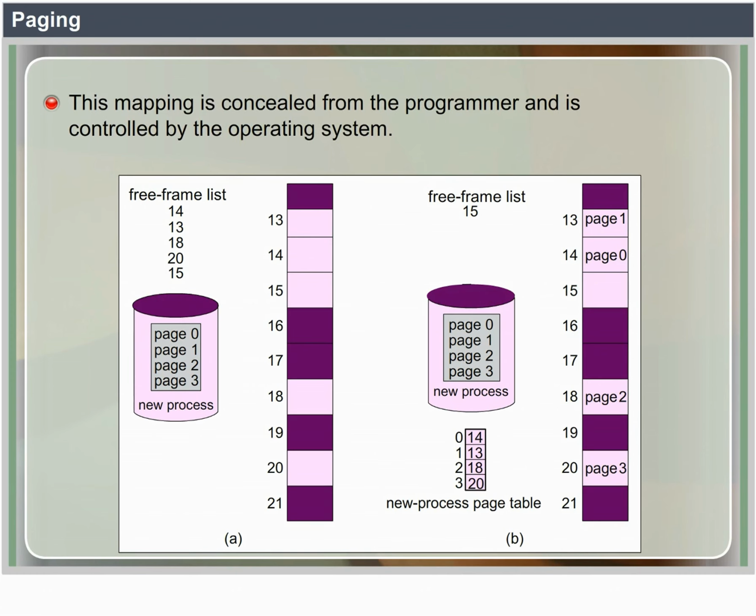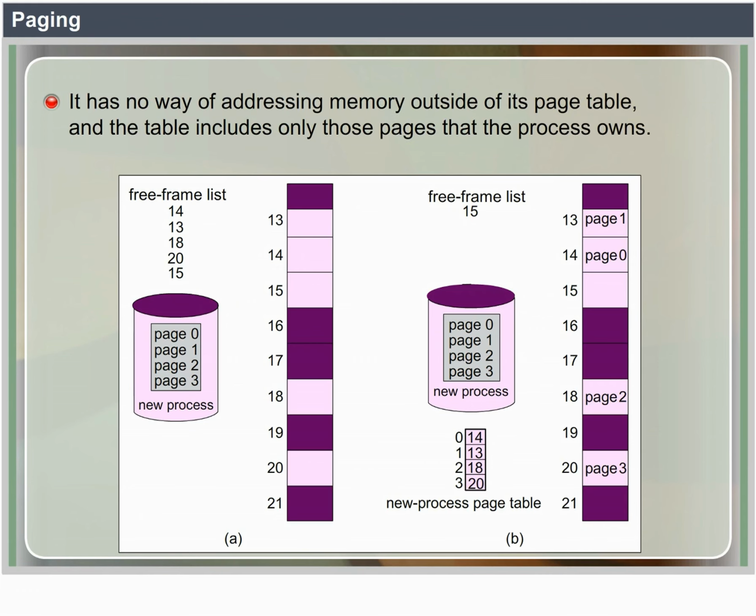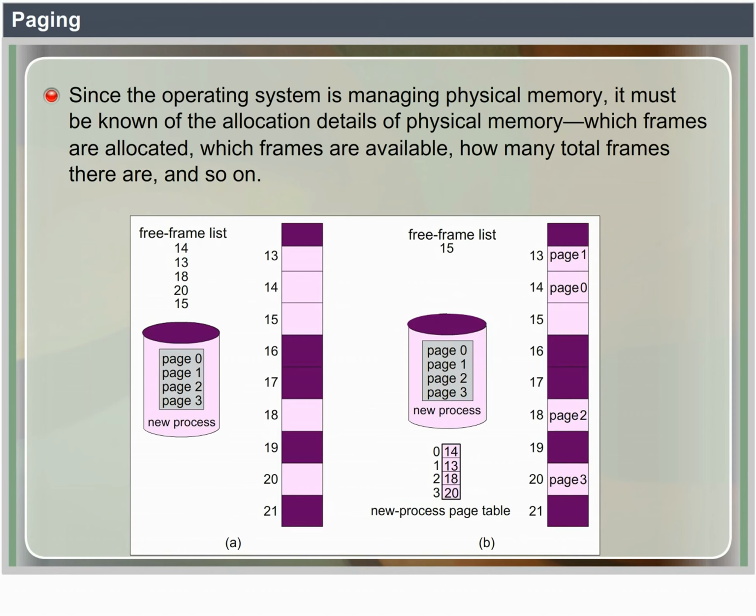Notice that the user process by definition is unable to access memory it does not own. It has no way of addressing memory outside of its page table, and the table includes only those pages that the process owns. Since the operating system is managing physical memory, it must be aware of the allocation details of physical memory: which frames are allocated, which frames are available, how many total frames there are, and so on.